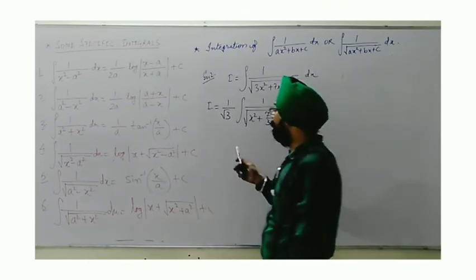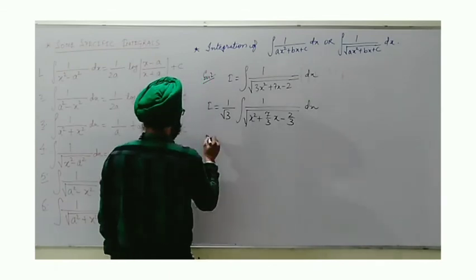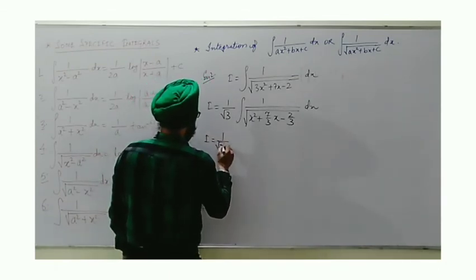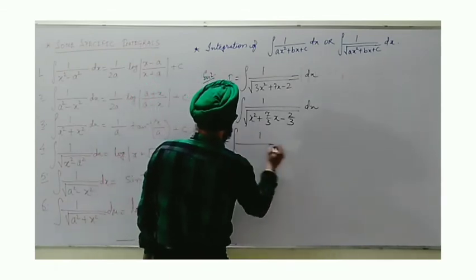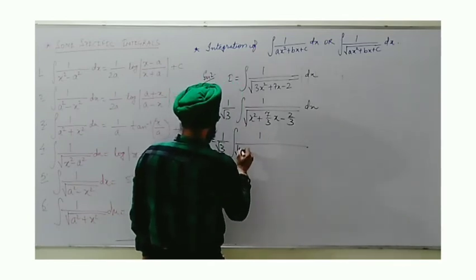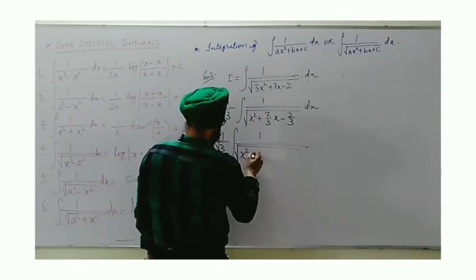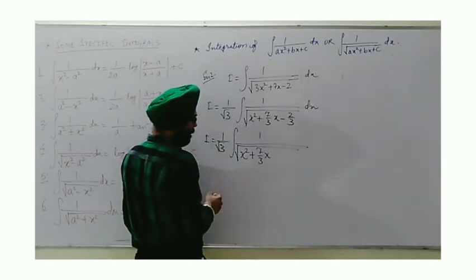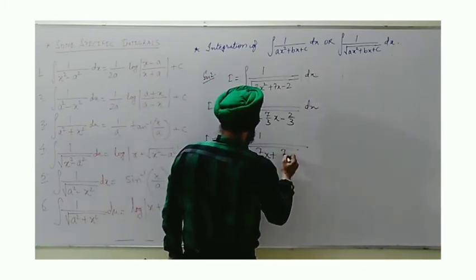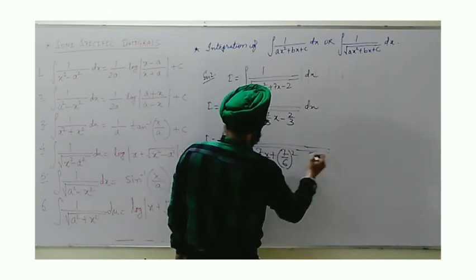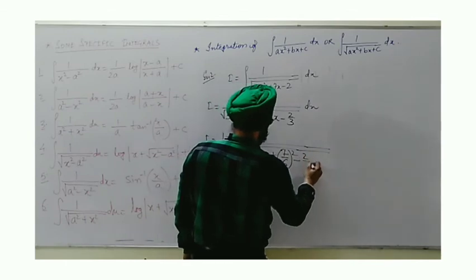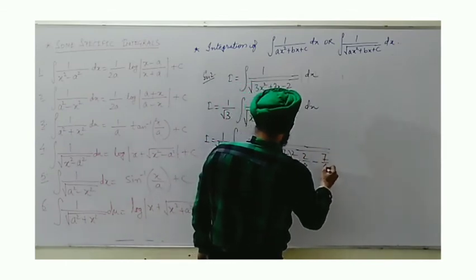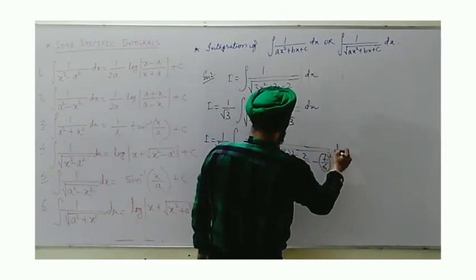So 7 upon 6 whole square will be added and subtracted in the expression: x square plus 7 by 3 x plus 7 upon 6 whole square added, and in the constant we subtract the same 7 by 6 whole square.